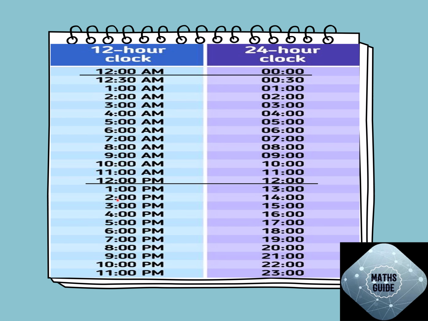Because 1 PM, which means 1 in the afternoon, it writes as 13, then 14, 15, 16, 17, 18, 19, 20, 21, 22, 23, up to 11 PM. This is how the 24-hour clock completes all 24 hours. Then again at 12 AM, it will write 00:00 to show the start of the next day.